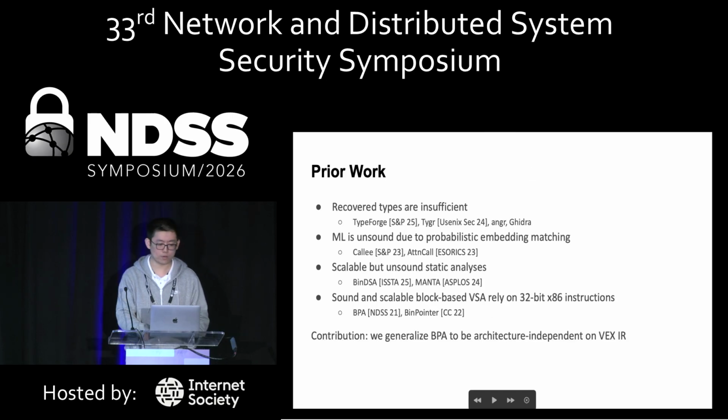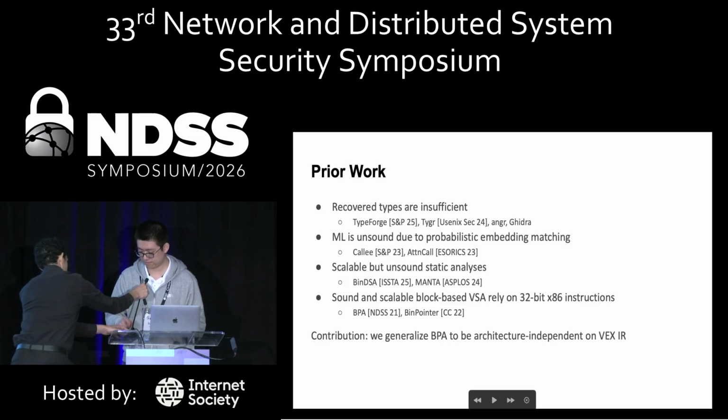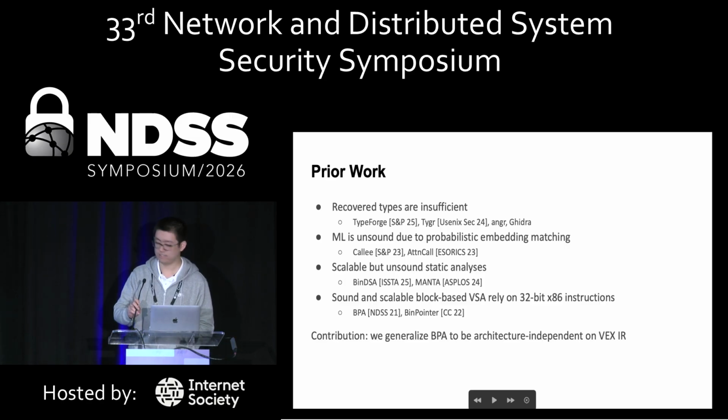There is some prior work on this topic to solve the problem of missing types in stripped binaries. Some work like TypeForge and Tiger can recover some source-level types, like a struct, array, or nested struct.